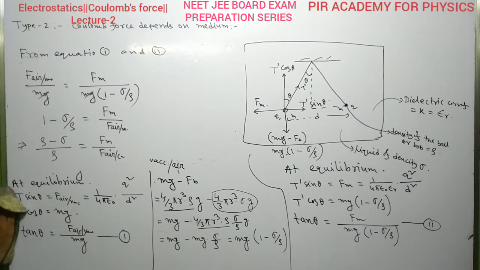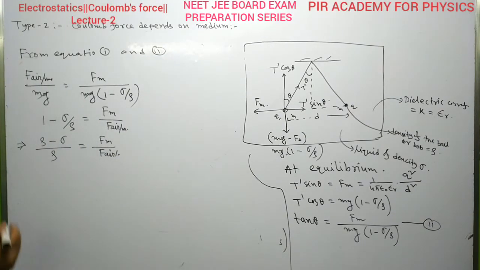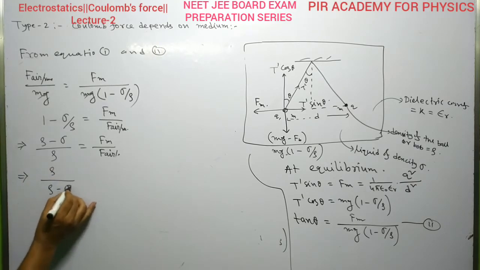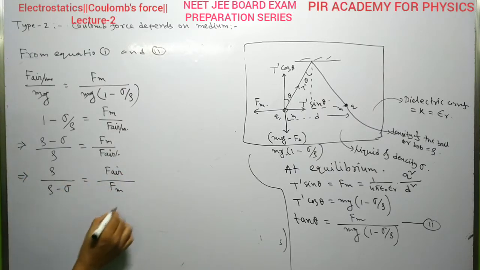Then if I take rho by rho minus sigma, it will be F of air divided by F of medium.